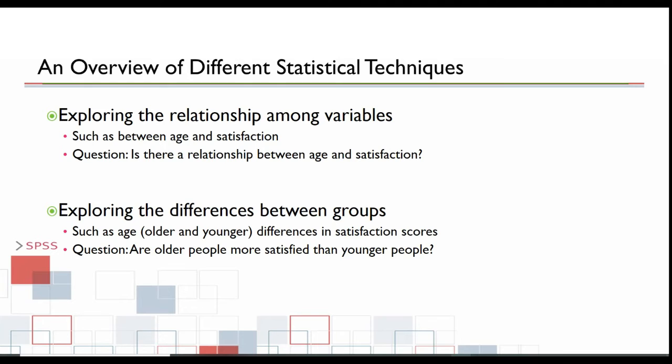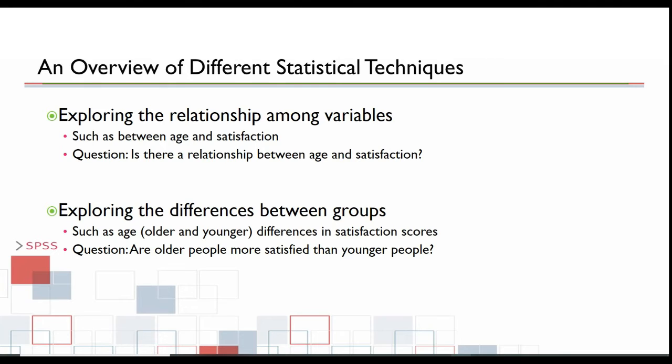But whenever you are going to explore the differences between groups, or you want to have some comparison between groups, male, female, older, younger, such as age consists of older and younger groups or categories, you are looking for some differences in relation to some dependent variable.